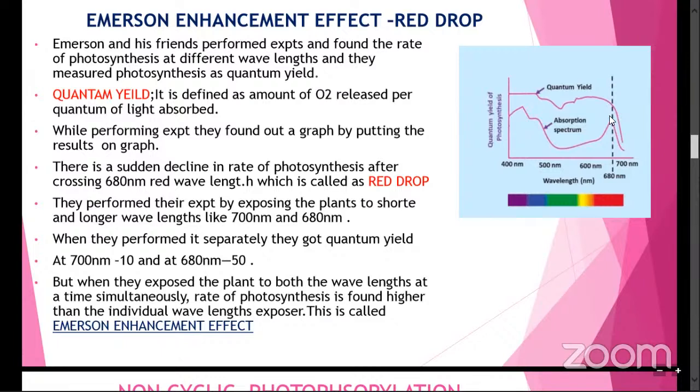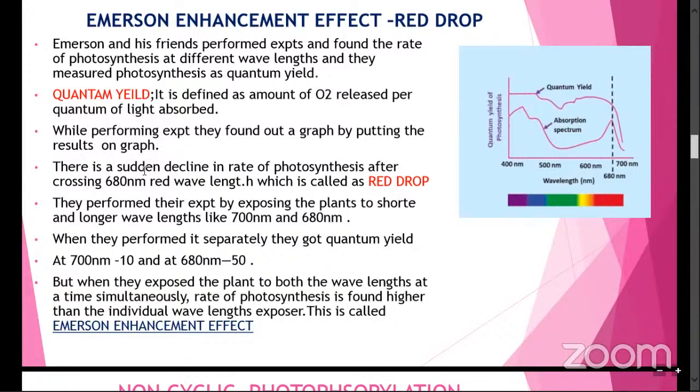Starting from 400 nanometers up to 680, the quantum yield gradually increases, but after crossing 680 nanometers, there is a sudden fall, a sudden dropping of quantum yield, which is called the red drop.